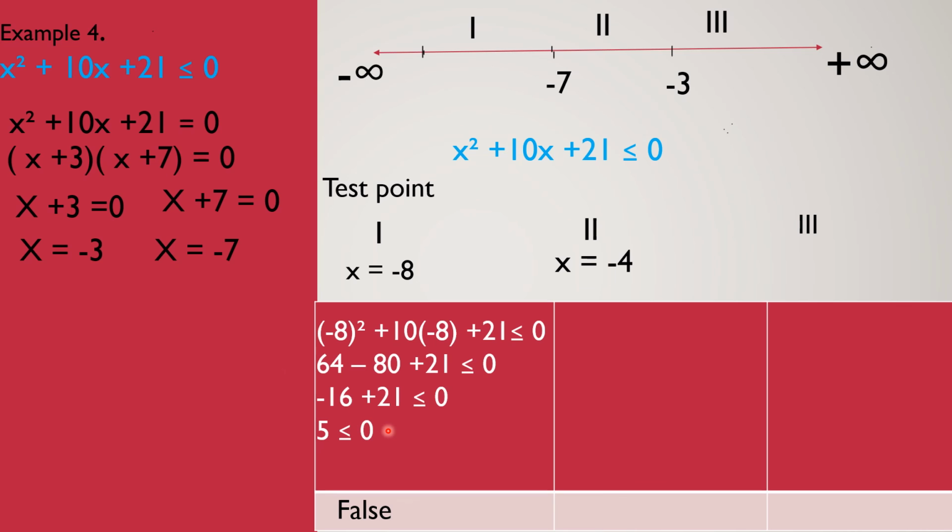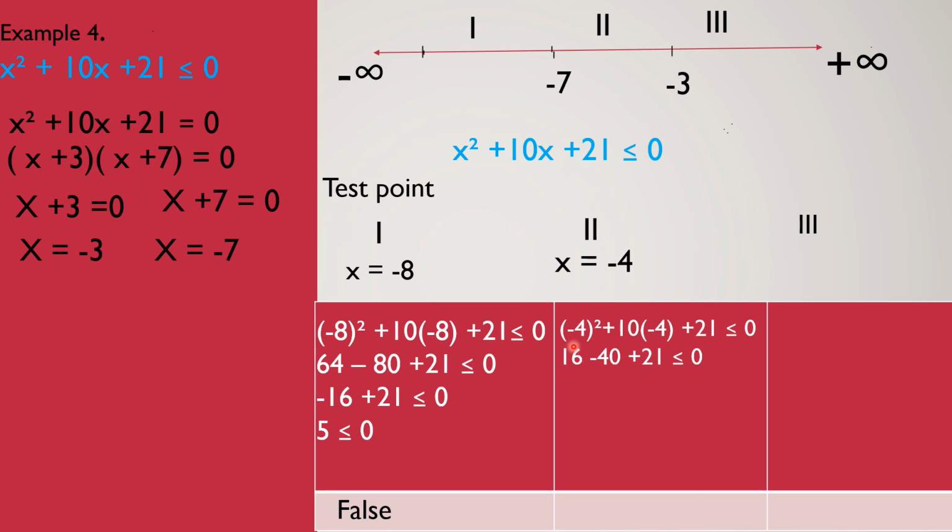On the second part, we have from negative 7 to negative 3. Let's choose negative 4. So negative 4 squared plus 10 times negative 4 plus 21 is less than or equal to 0. So instead of writing x here, you're going to replace it by negative 4. Now, simplify.